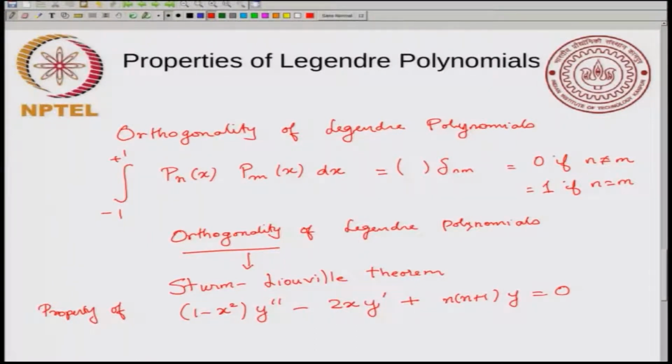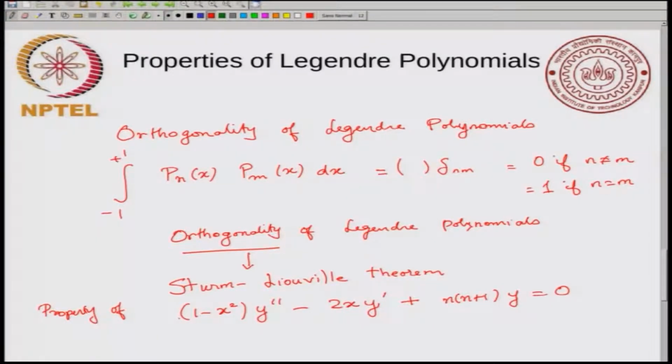Also I just want to point out one thing, we will come back to this later: the range of x is minus 1 to 1. Notice that when x equals minus 1 or 1, this goes to 0, so the second derivative term goes off.